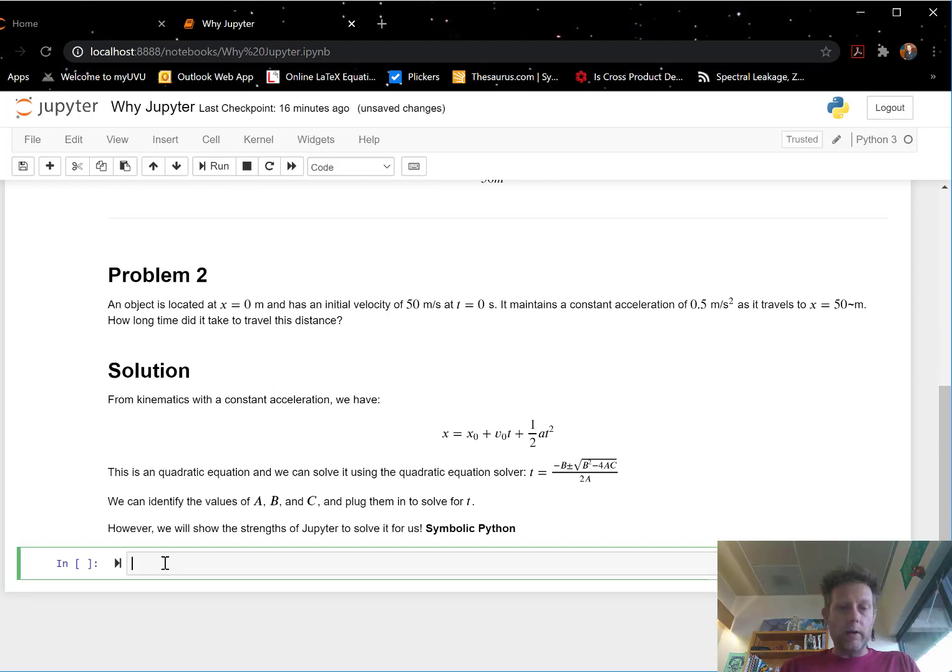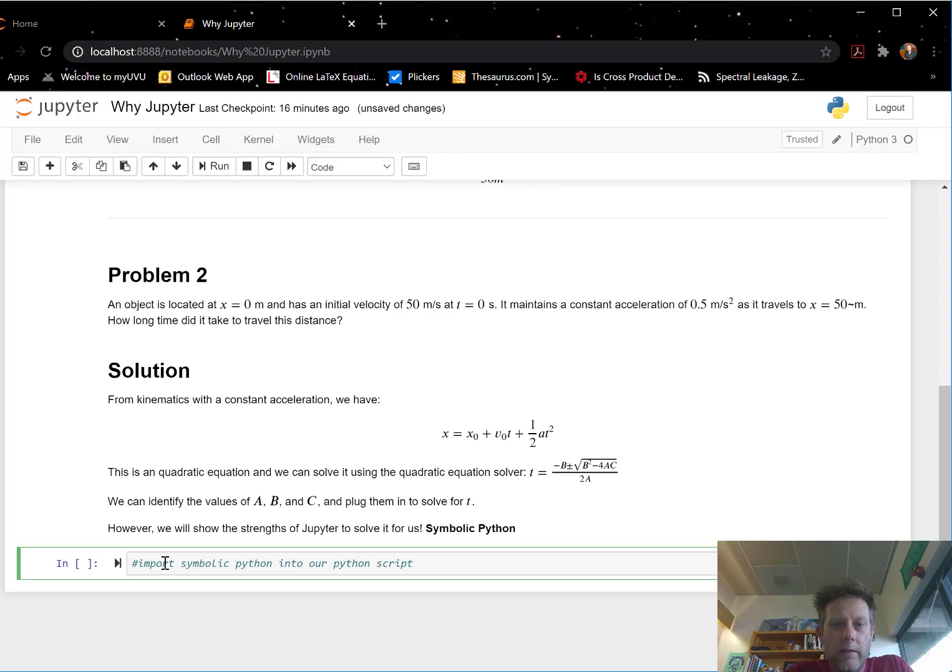So for code, we're gonna import. In Python, you can make a comment by using the hashtag. So I'm gonna import Symbolic Python into our Python script. Keep in mind, this little cell here is now going to be our Python script.